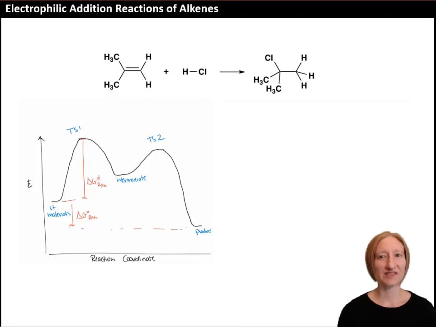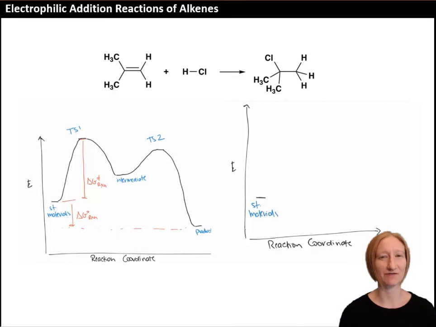Now remember that this intermediate is the carbocation. And we had two choices of carbocations that we could form. That means that there are two possible intermediates to include in our energy diagram. And the transition state for the less stable intermediate will be higher in energy than the transition state for the more stable intermediate.